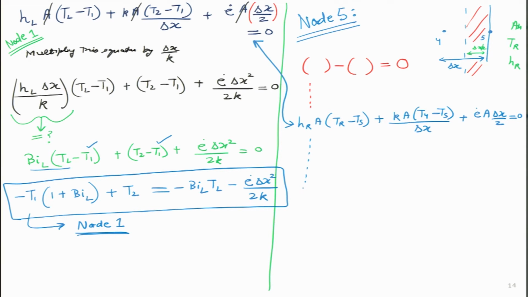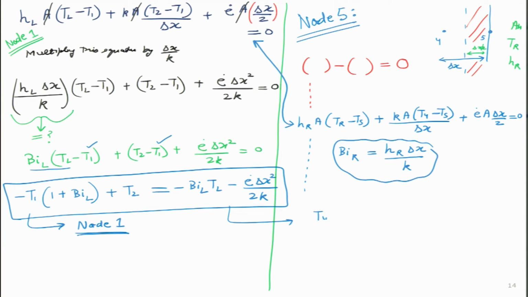Just as I have simplified node 1, similarly I will simplify node 5, with the only difference being that the Biot number I will define for the right hand side: BiR is equal to Hr delta x by K. If I make this substitution, I will have a similar equation for node 5, which will appear like this.